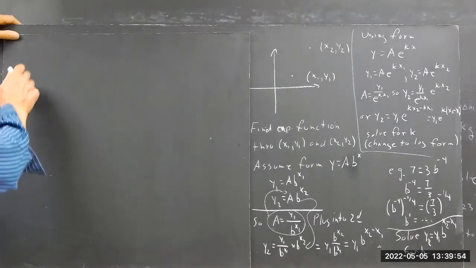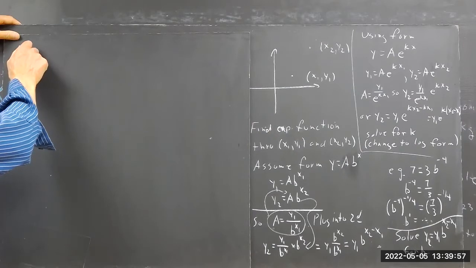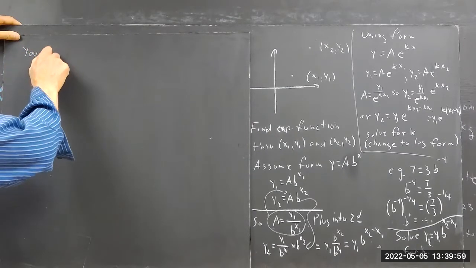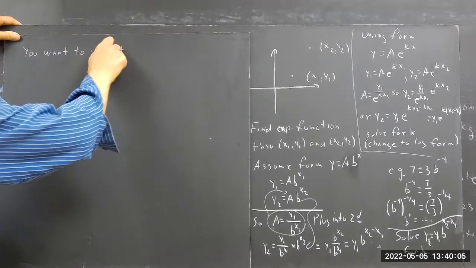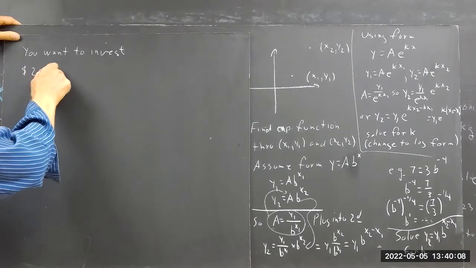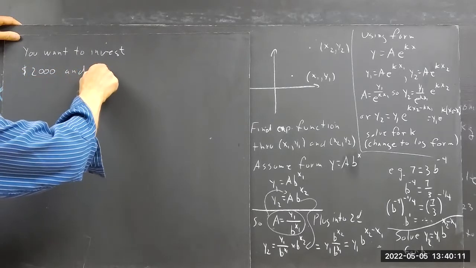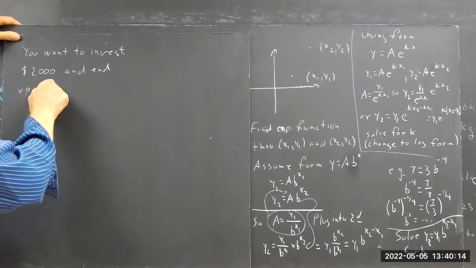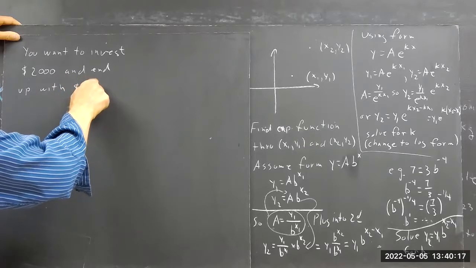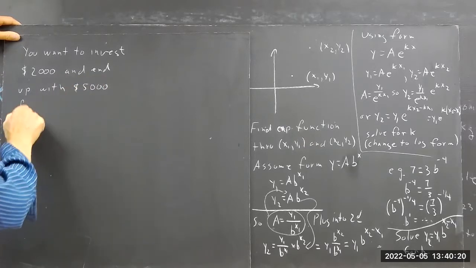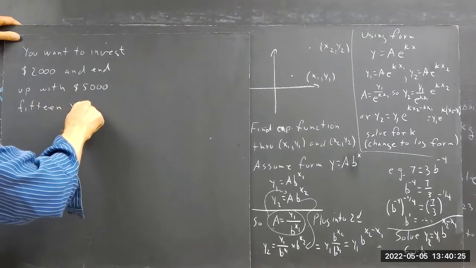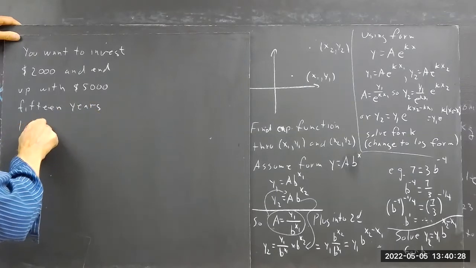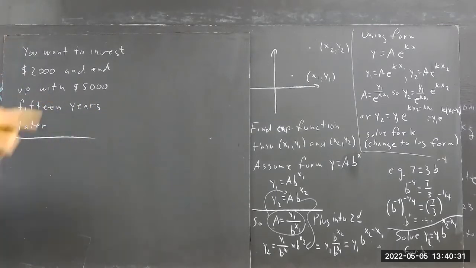Okay, so let's say you want to invest $2,000 and end up with $5,000 15 years later.